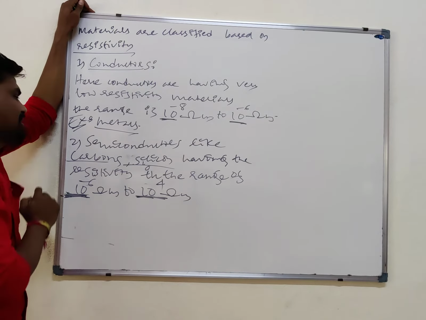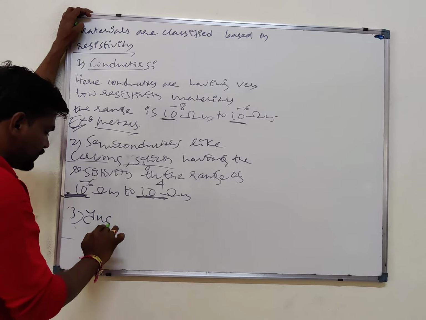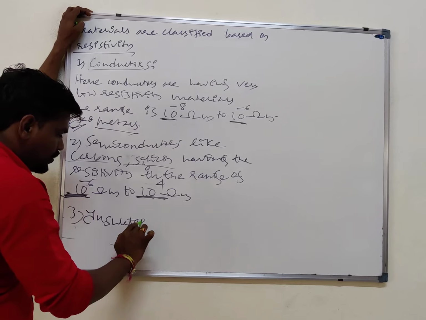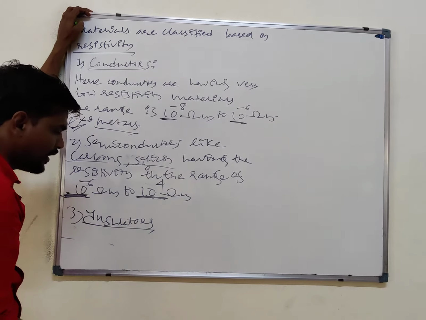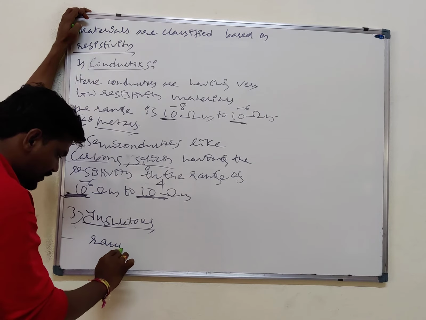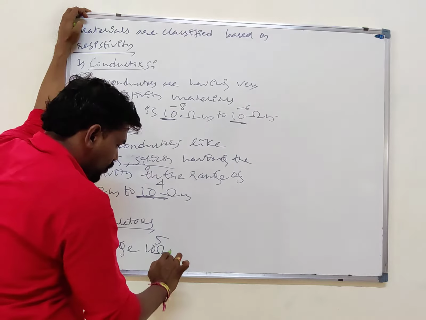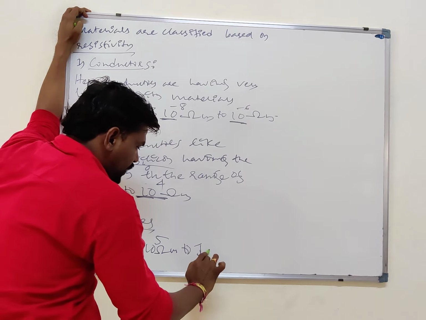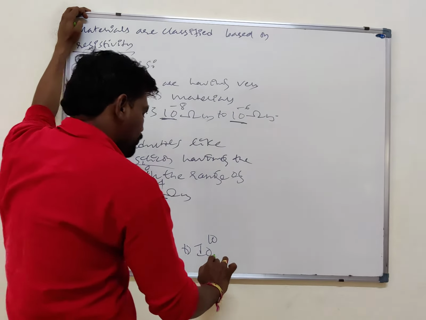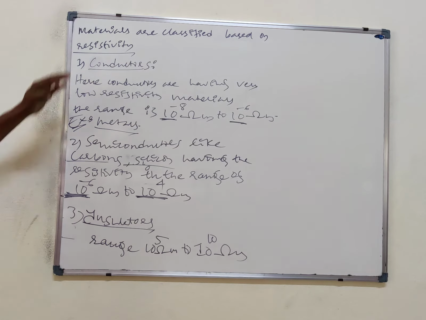Third one, insulators. Insulators have a range of 10 raised to 5 ohm meter to 10 raised to 16 ohm meter.